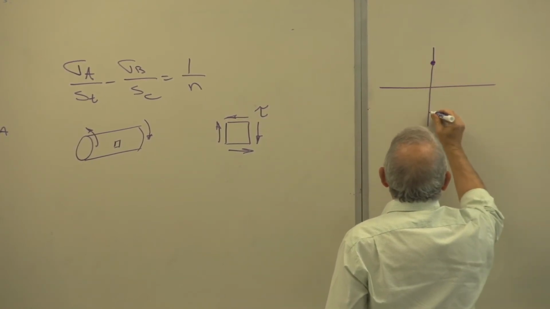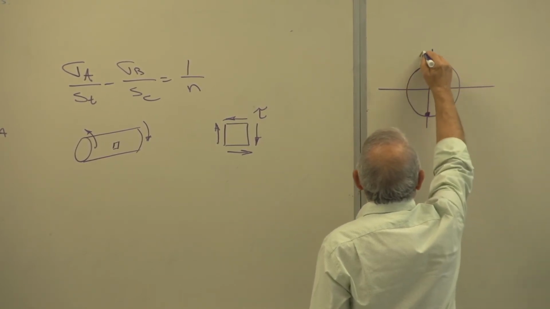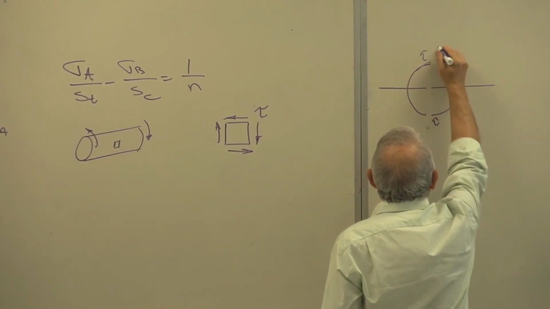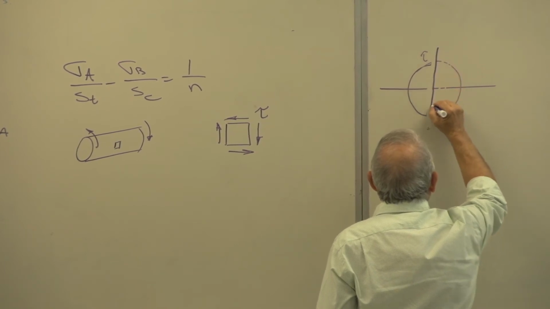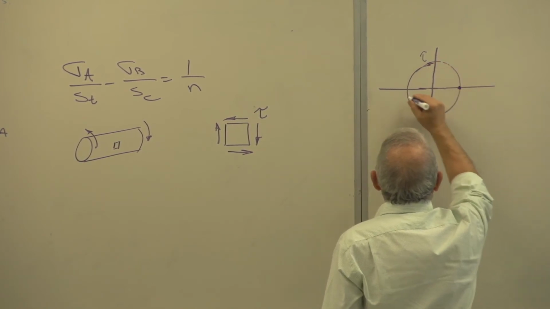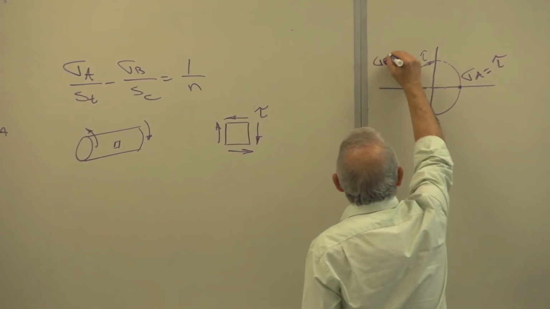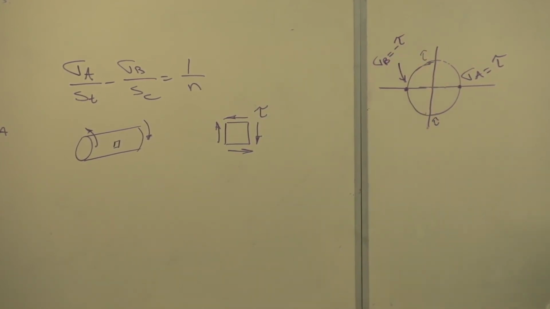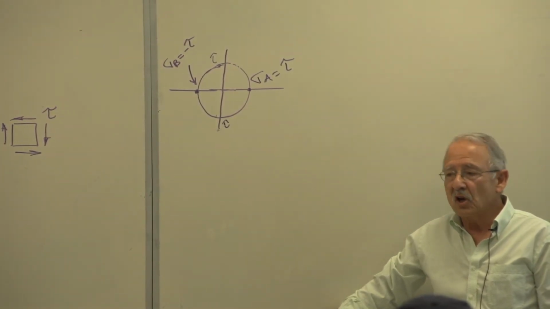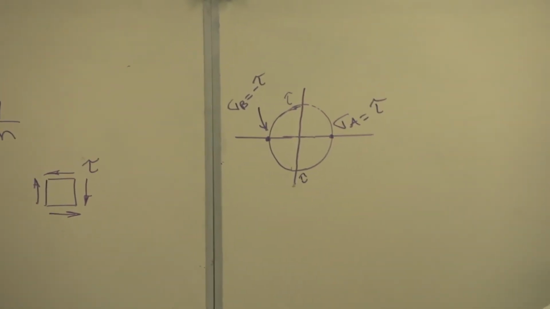Here's one point. There's the other point. This is tau. That's tau. That's my Mohr circle. I'm going to change that line so that it will go through the center here. Right? The two non-zero principal stresses are equal to tau in magnitude. One of them is tension, of course, the other one is compression.